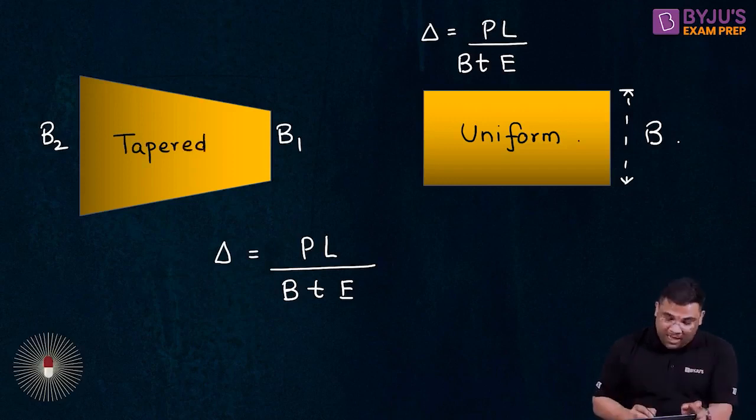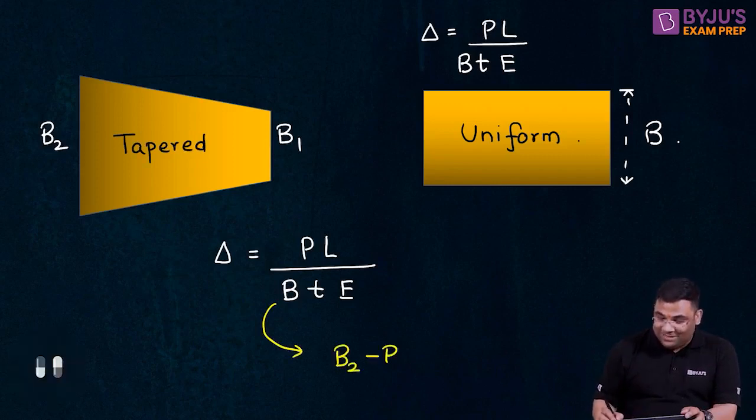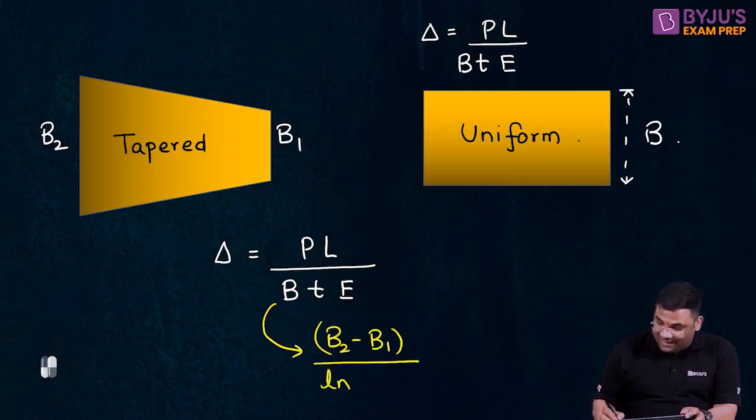Write down the same formula. In place of B, write B2 minus B1, divided by ln B2 by B1. It's very easy, right?